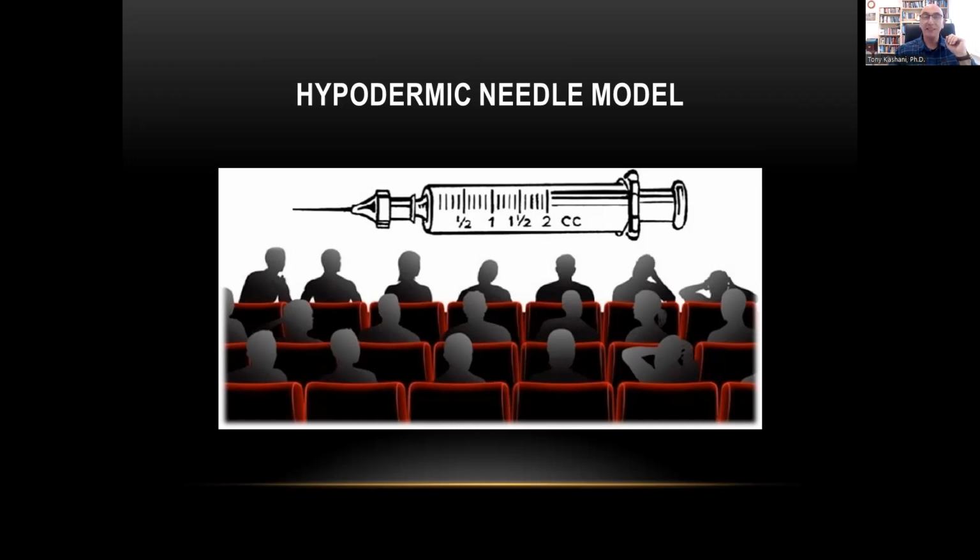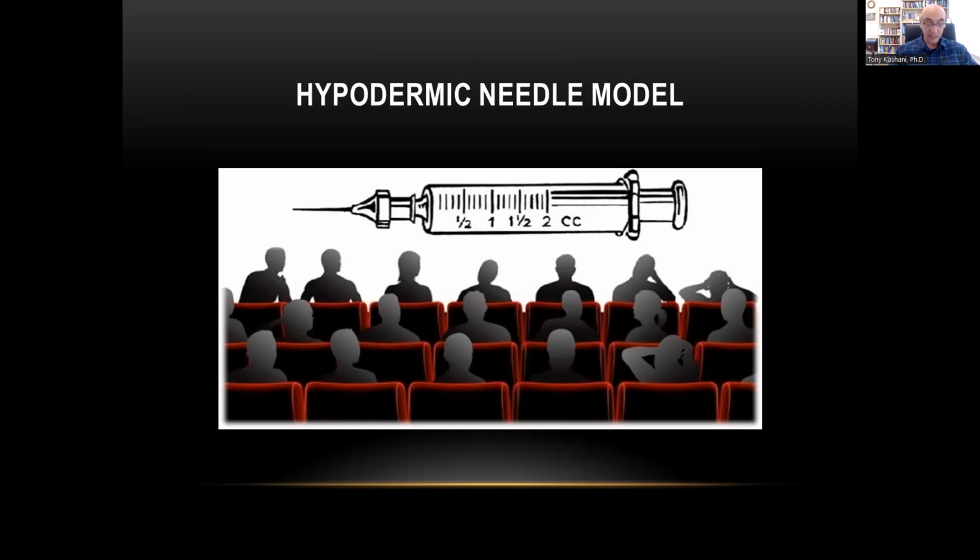First, passive audience. The model assumes that audiences are passive and highly susceptible to media influence. It envisions individuals as recipients of messages who accept and internalize the content without critical thought or resistance. Number two, uniform effects. According to this model, media messages have a uniform and predictable impact on the entire audience.